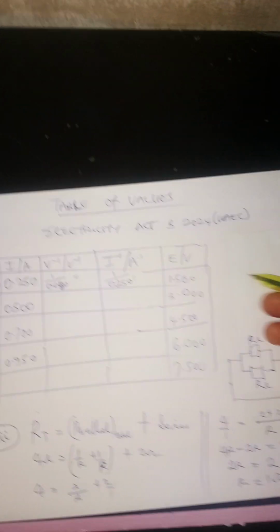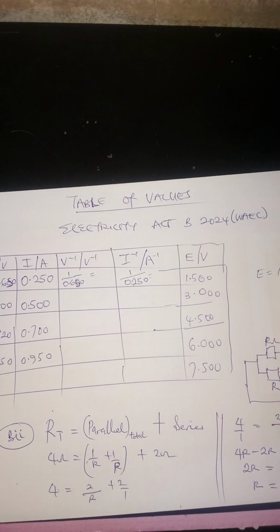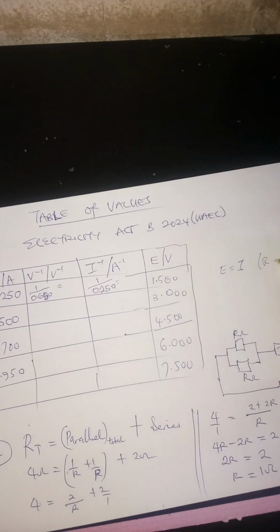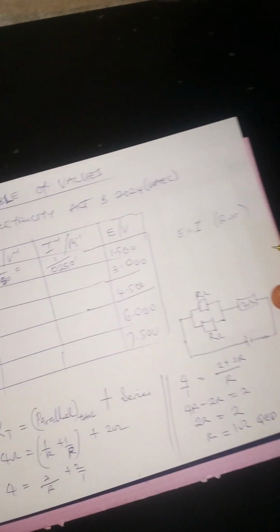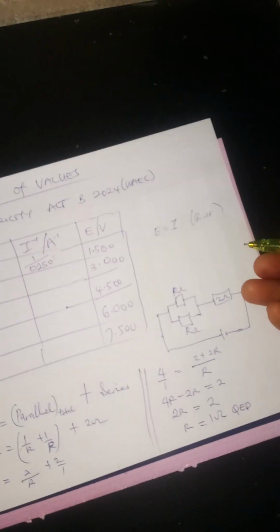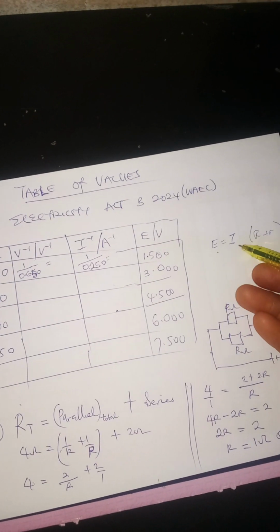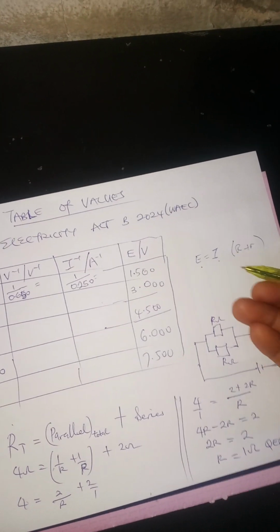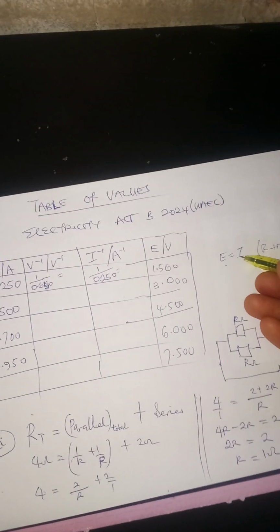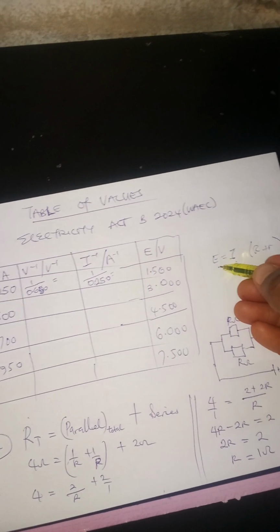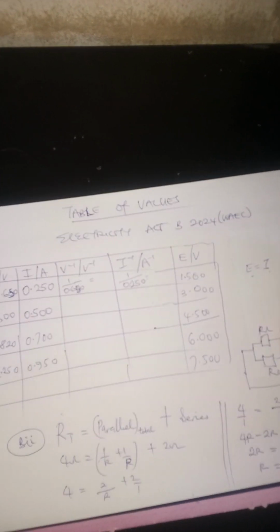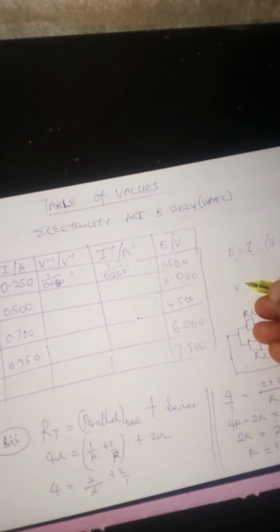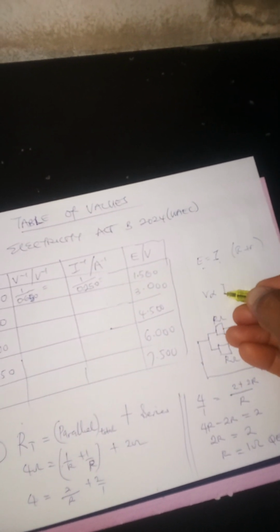Of course, if you remember that E equals I into R plus r, you can see the relationship. The current has a direct relationship with the electromotive force. Then remember, voltage is directly proportional to the current.